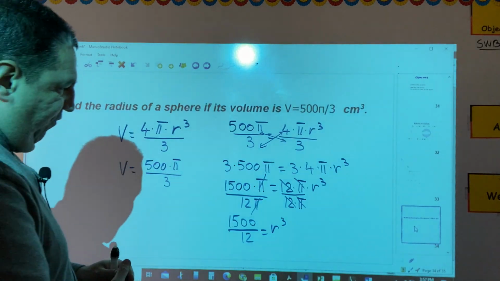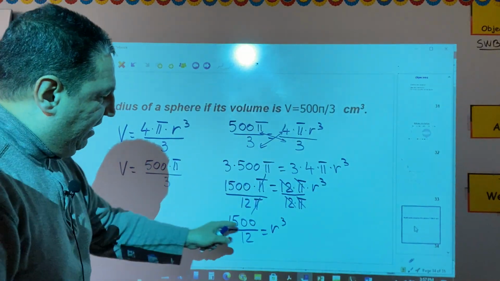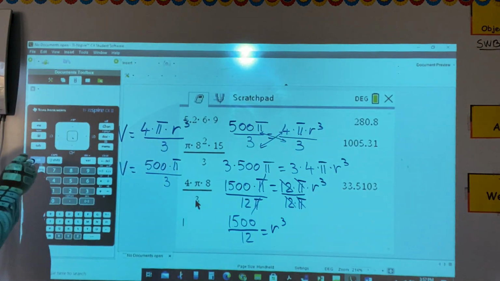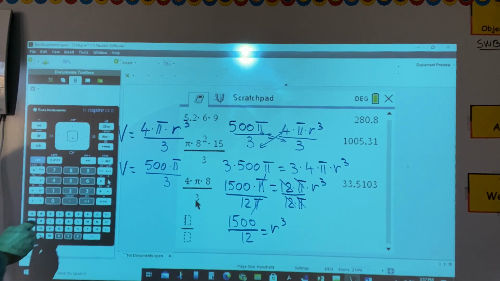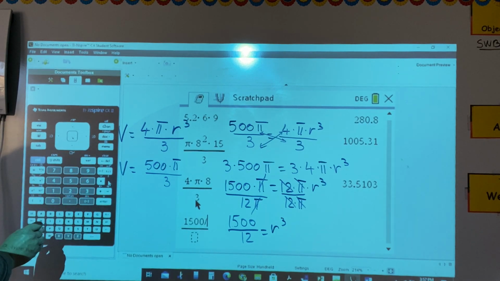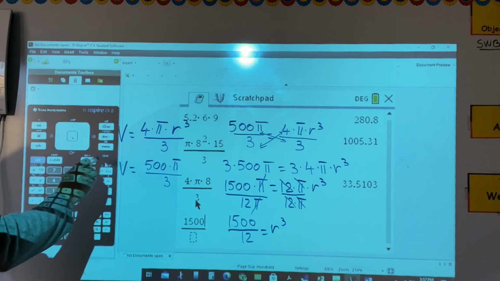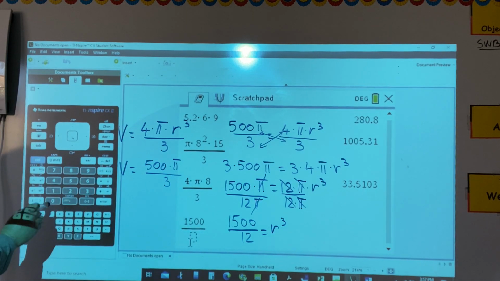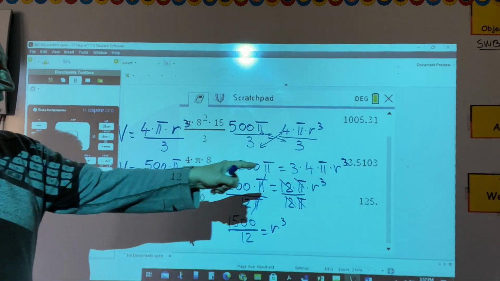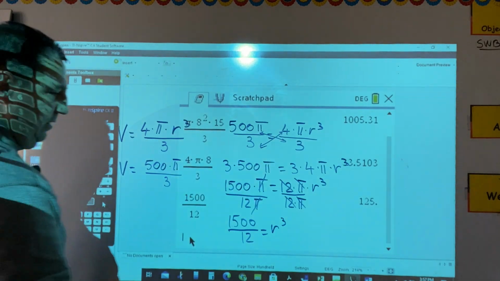Now, let's find how much would be 1500 divided by 12. So, control divide, 1500 divided by 12, control and enter, is 125, right?